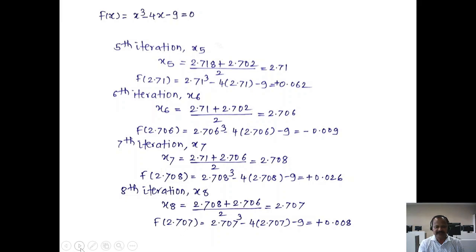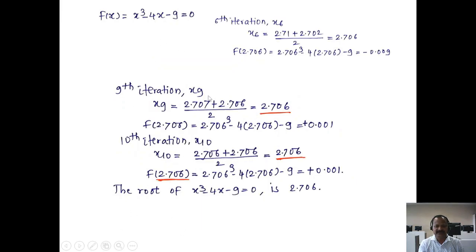So x9 is equal to 2.707 plus 2.706 divided by 2, which is equal to 2.706. Now this value you have to put in this equation. So f of 2.706 is equal to 2.706 cube minus 4 into 2.706 minus 9, which is equal to plus 0.001. Now this value is a positive value.